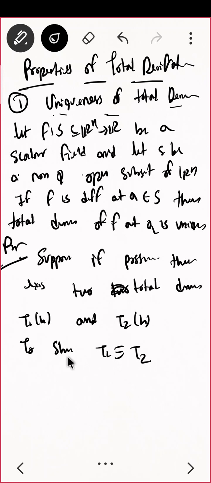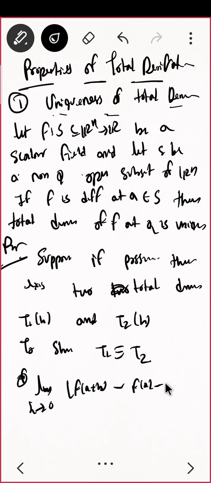Okay. Now let us write the definition. T1 is a total derivative. So for T1, what will come? Limit h tending to 0 of mod of f of e plus h minus f of e minus T1 of h, upon norm h, that will be 0.